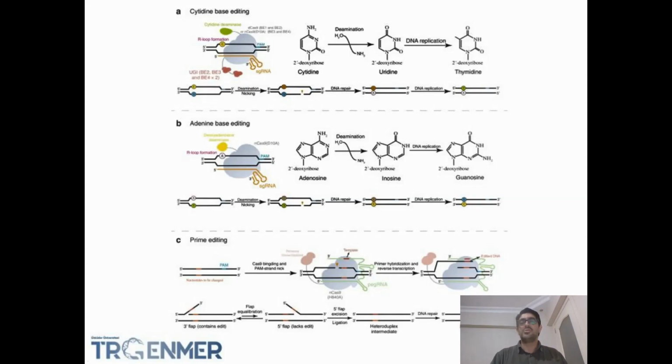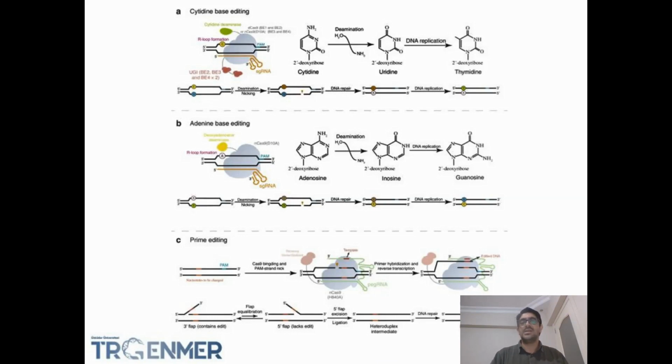And we should see the DNA replication of the cell. After replication takes place in the cell, this uridine is converted into thymine, or this inosine is converted into guanine. And that cycle is completed with the replication of the cell.